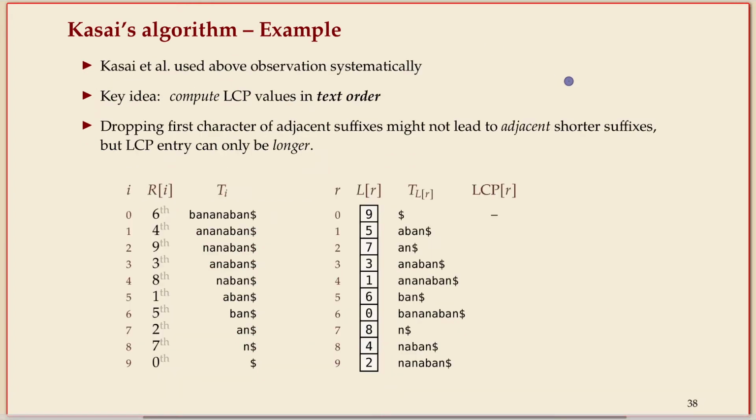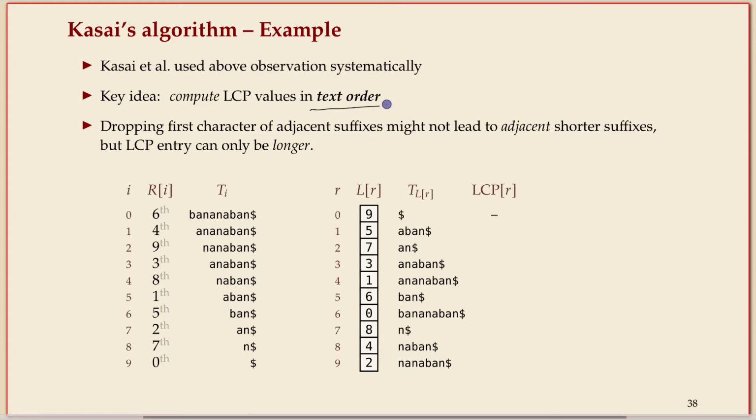And that's the algorithm I want to present to you now. It kind of uses this idea, but in a slightly smarter way, by turning things on their head, if you want. The key idea of this algorithm is to compute the LCP values not in the order of the suffix array, like LCP1, LCP2, LCP3, and so on, but in text order.